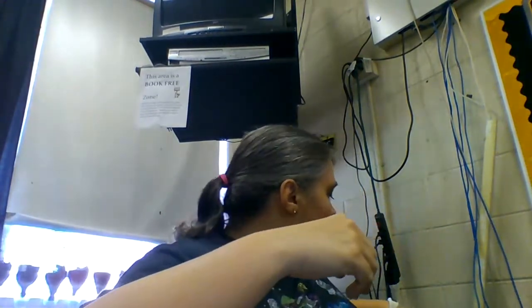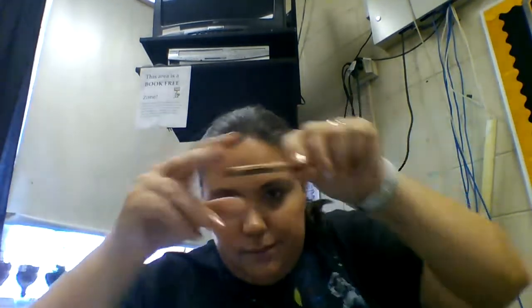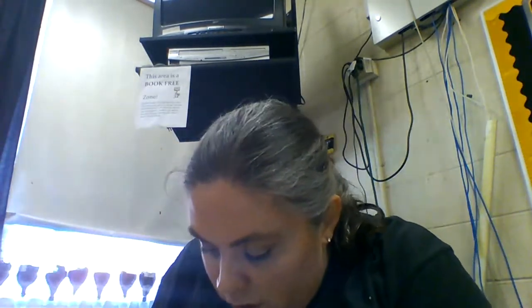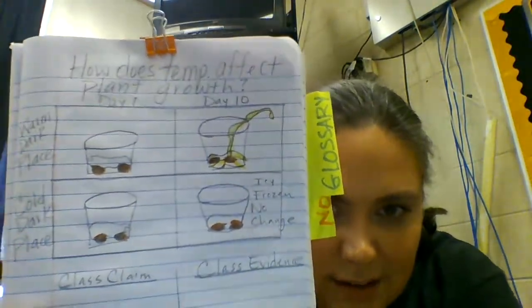Then the root system is yellow. And the seeds themselves were brownish. Let's see if I can find the brown. Oh, brown. So I can actually go back and color all my seeds brown. And I don't have to color the paper towel because it's just white. So there we have it.